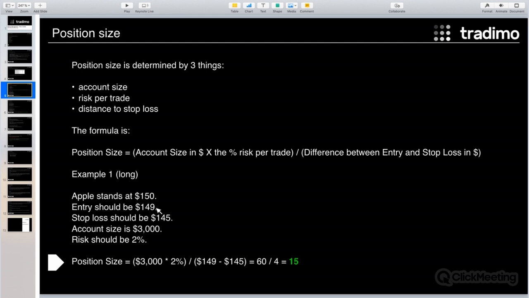So now you can easily calculate the nominal value of this. The nominal value is only 150 times 15, and this is less than $3,000 on your account. So in other words, for this trade you don't need any leverage. The leverage you need is less than 1.